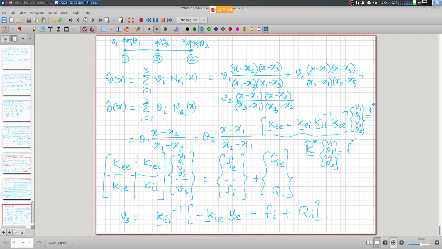So there would be some modification of the load vector as well. I can just say hat here. That's all.